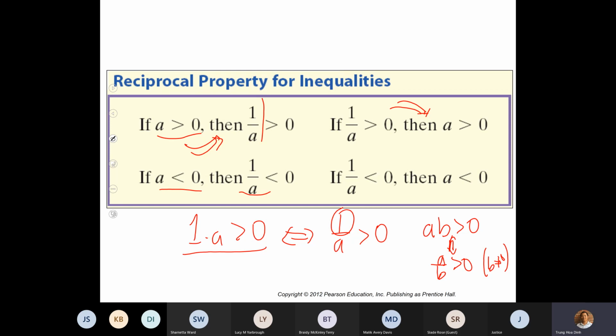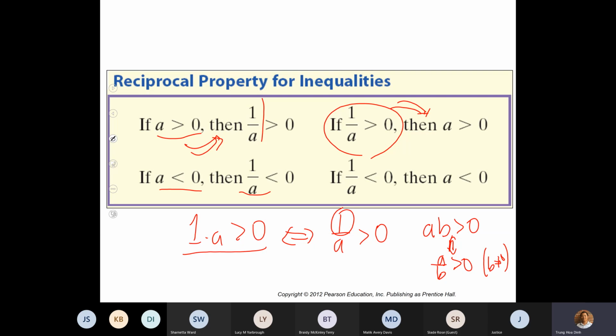Does that make sense? They have the same sign, let's say. If the product is positive, they have the same sign. If the product is negative, they have different signs. One should be positive, one should be negative. Does that make sense? It is important. We'll solve problems later, but that happens not only for 1 over a, but for b over a.